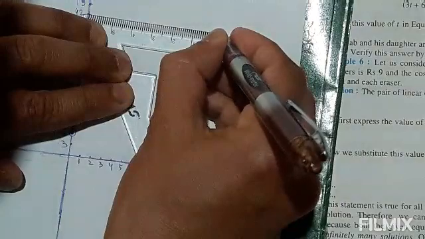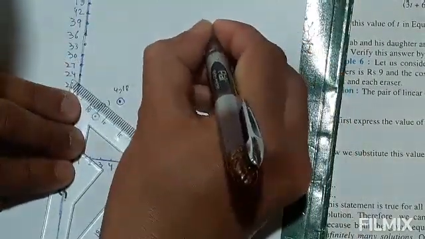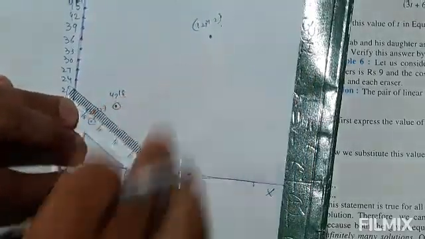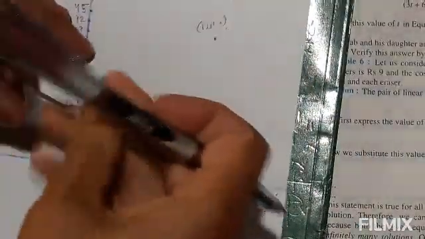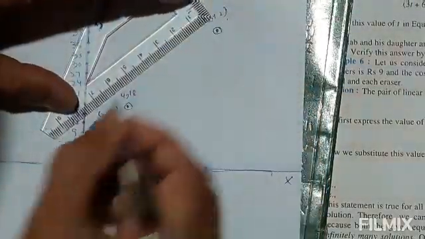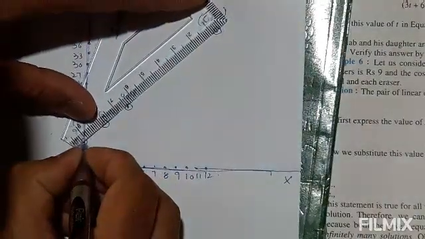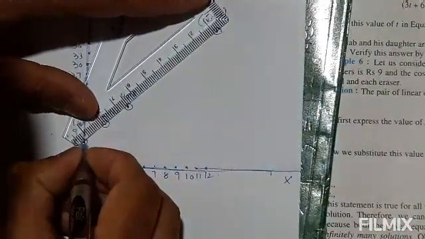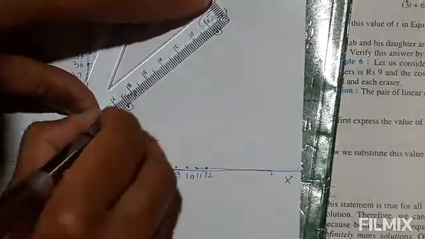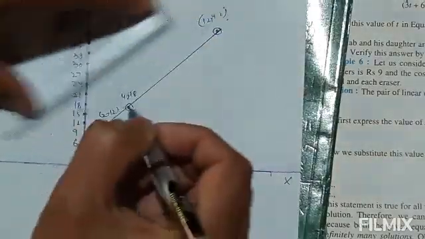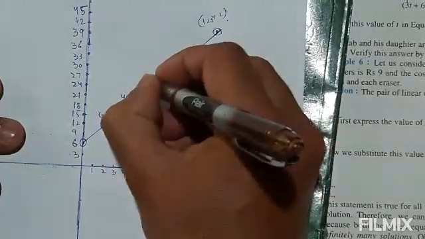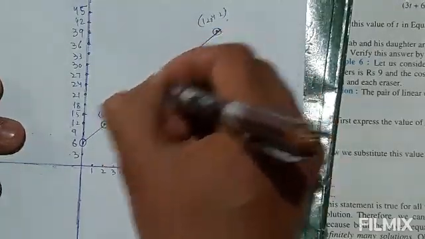And this is the point 12 and 42. Now let's join these points. This is the line we got, so we can even write the name of the equation over this.